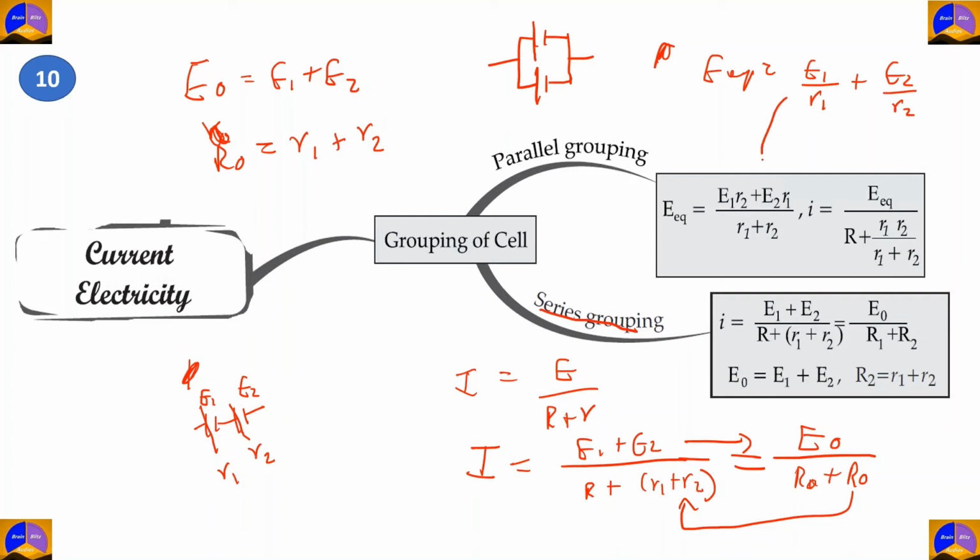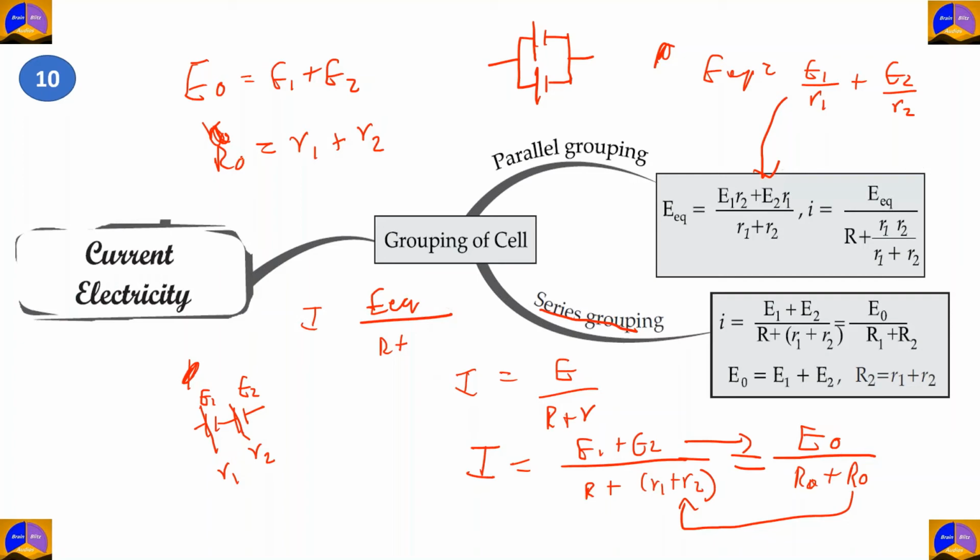And when you simplify it further, you get this formula, E1 r2 plus E2 r1 divided by r1 plus r2. And this is taken out of the formula for I, which is E equivalent, that is E1 by r1 plus E2 by r2, divided by R plus the combination of internal resistances.